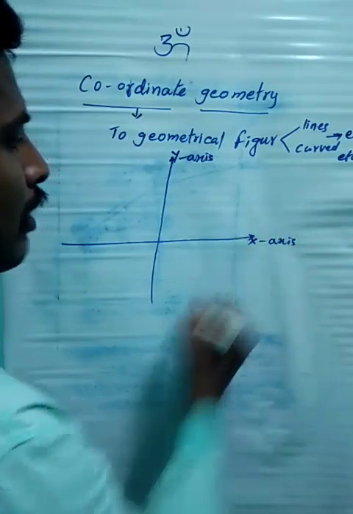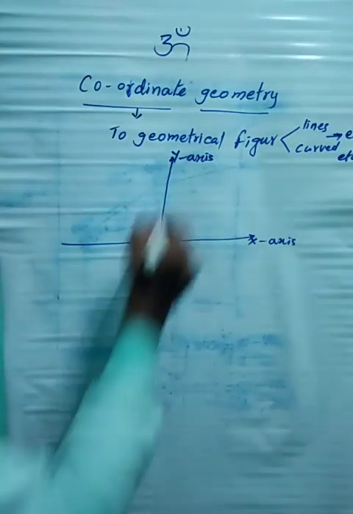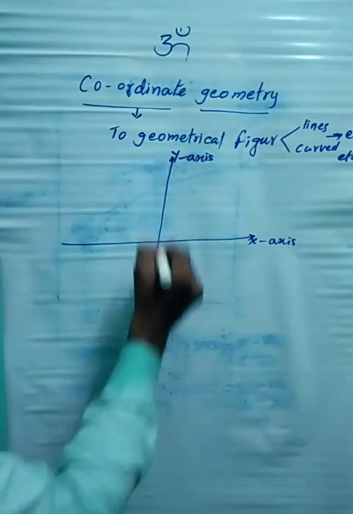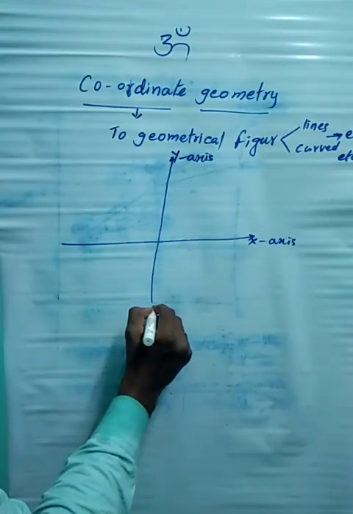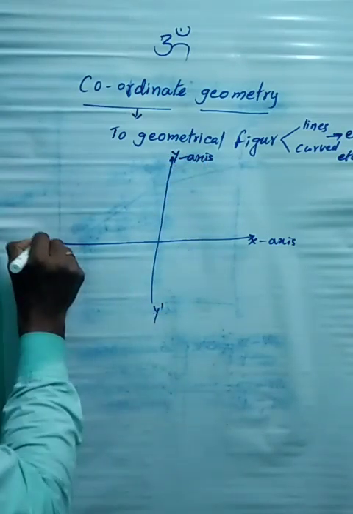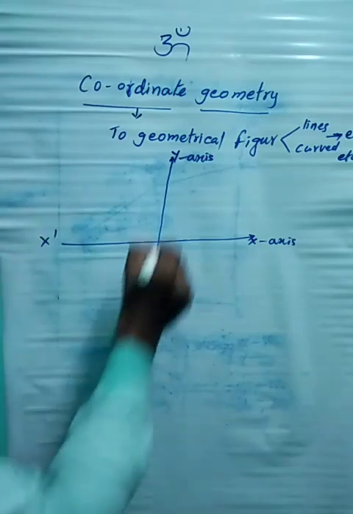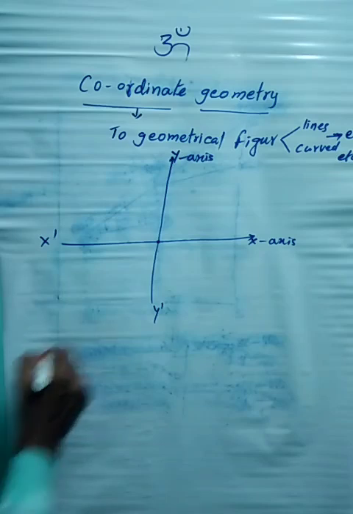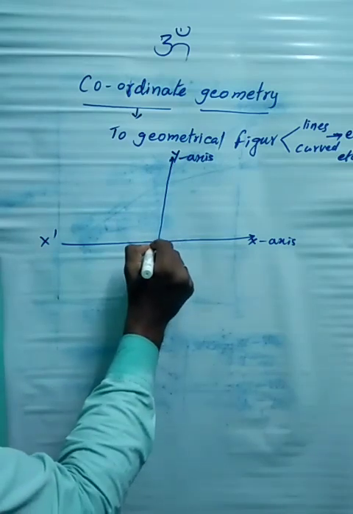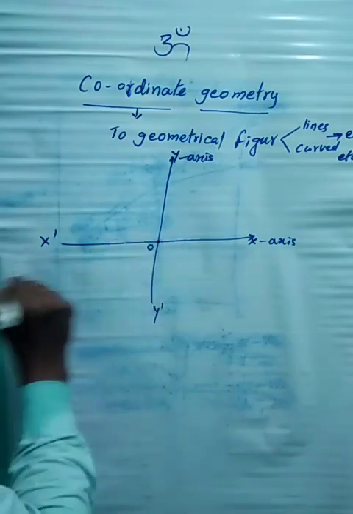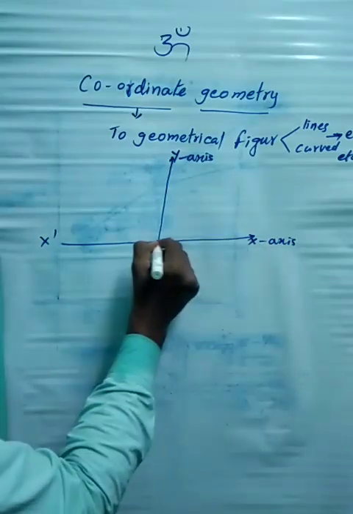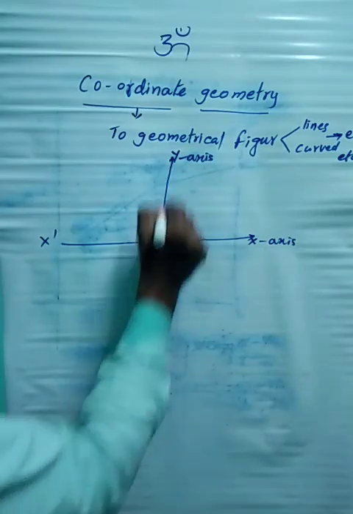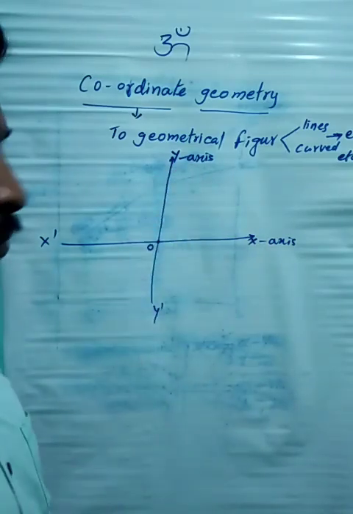The horizontal line on the plane is called x axis and the vertical line is called y axis, and the downward direction is y dash and the left is x dash. When the two axes meet at a point perpendicularly, the point is known as O, nothing but origin. That is, the x value is 0 and the y value is also 0.